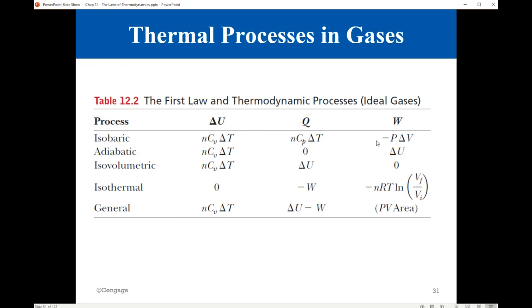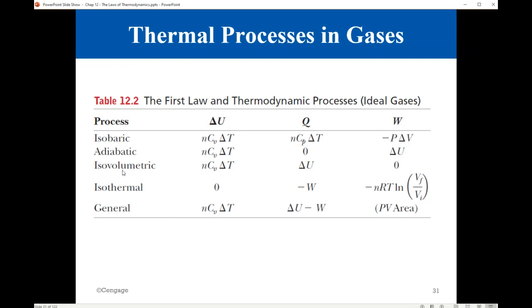And the work is minus P delta V. For adiabatic, again, delta U is calculated the same way, nCv delta T, but the Q is 0. For adiabatic, no heat is being absorbed or released. Therefore, W is equal to delta U, because Q is 0.